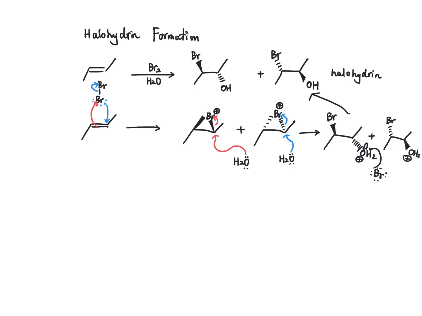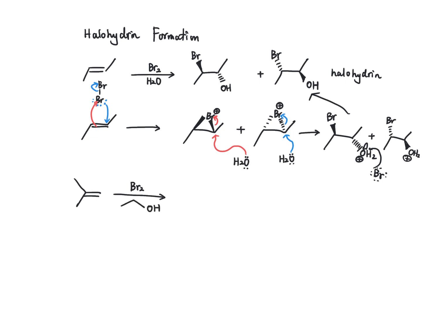So let's look at another example. This example will tell you about regioselectivity, because now you are not adding the same thing on two carbons. You are adding different things. So if we start with bromine, we have bromine and we have ethanol.